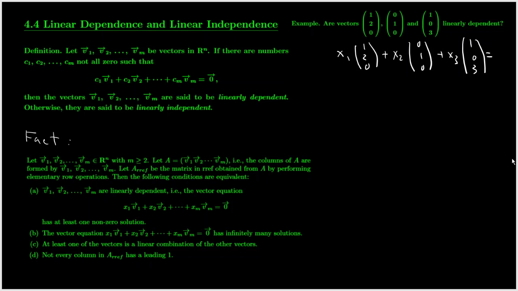On the right hand side, you have the zero vector. To use this statement as the definition to verify if the three vectors are linearly dependent or independent, you form a vector equation like that.